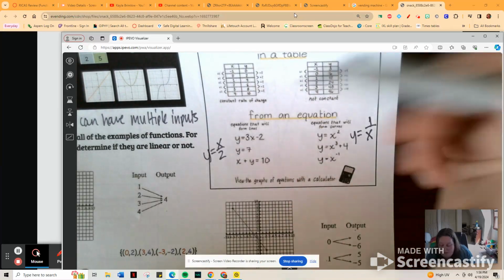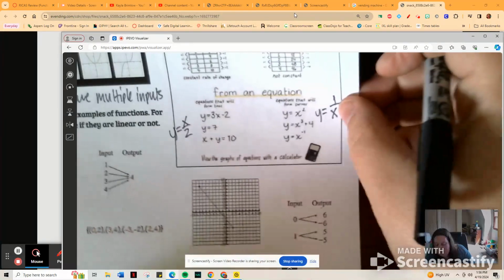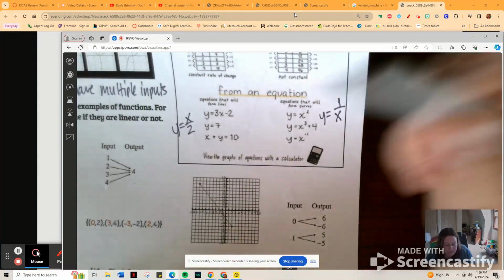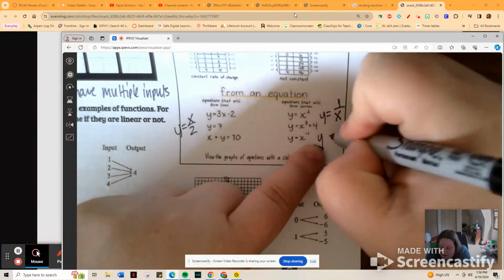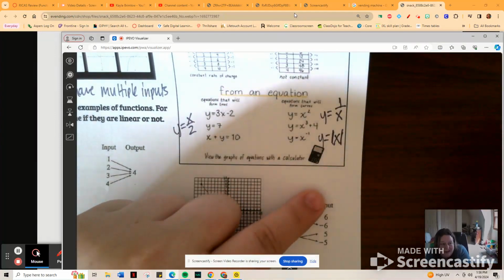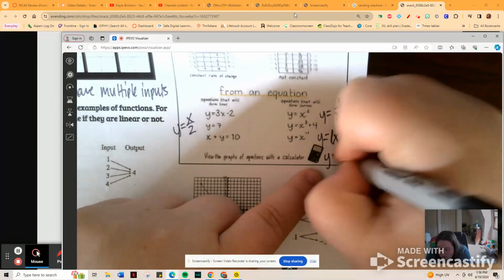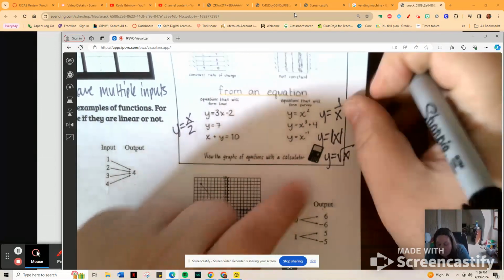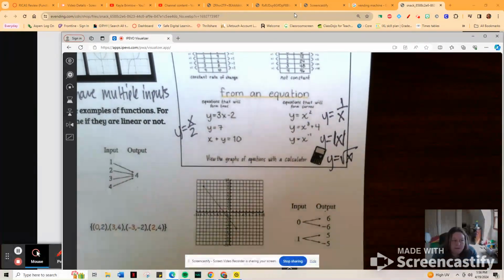As long as it doesn't have an exponent is the main thing. Then it is linear. If it's in the denominator, it would not be linear. Or if you had absolute value, it would not be linear. Or if you had a square root or a cube root, it would not be linear.